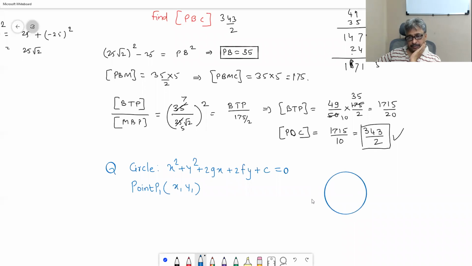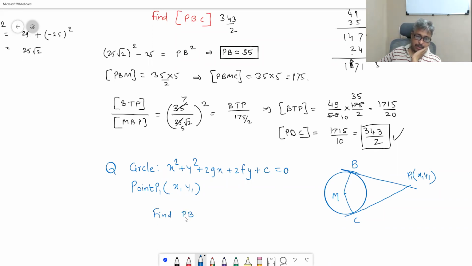A circle is given to you and a point is given to you. Now you are supposed to find the distance PB, find the area P1BC. Yes. This is now going to be general.